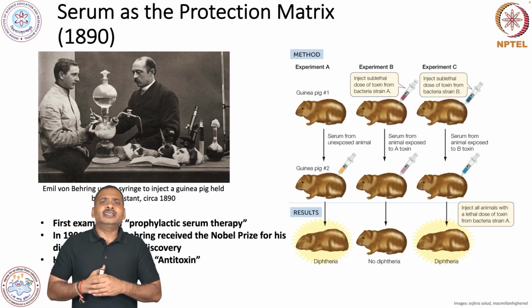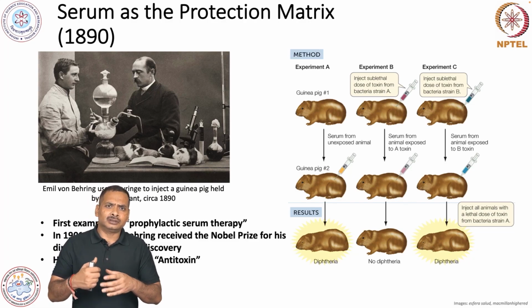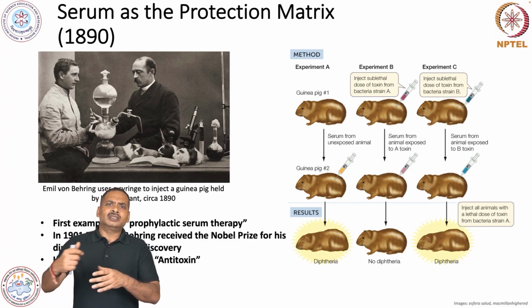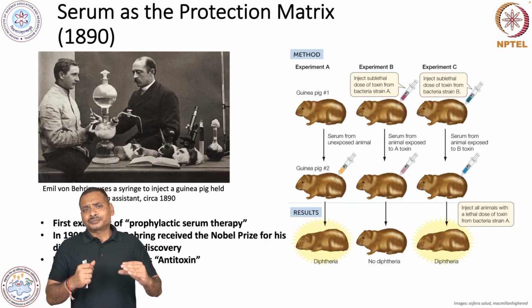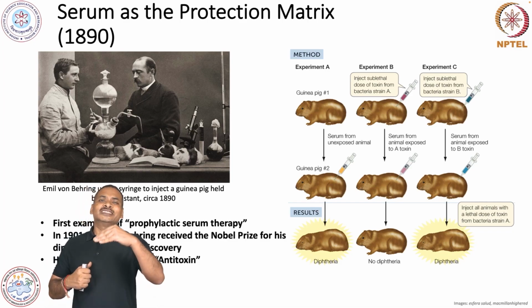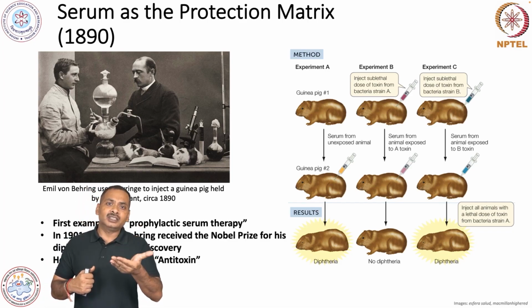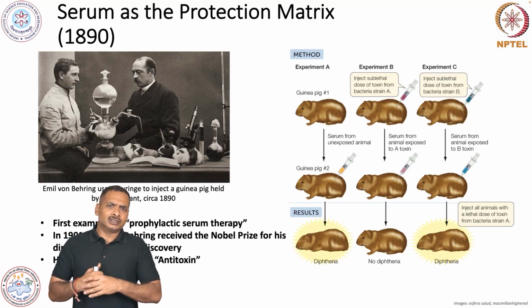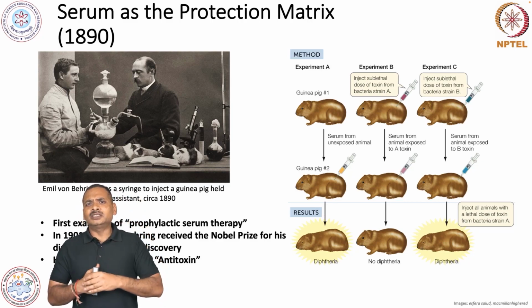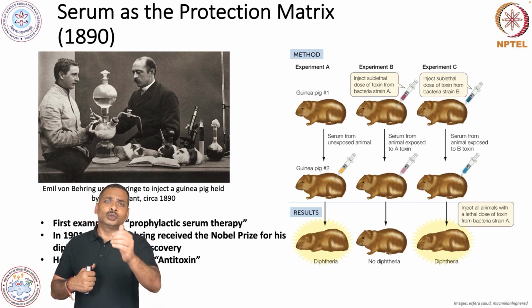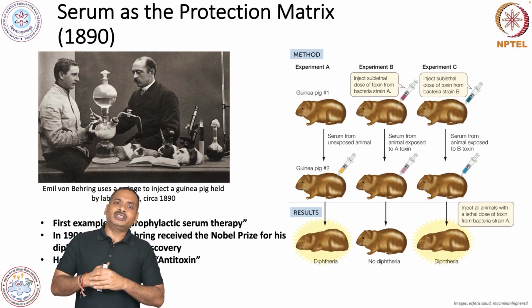And then they challenged all these three groups of guinea pigs with the lethal dose of toxin A, and they observed that the guinea pigs which received the serum from the animals challenged by the sublethal dose of toxin A got protected, but not the others.